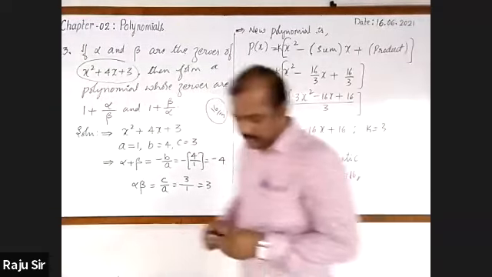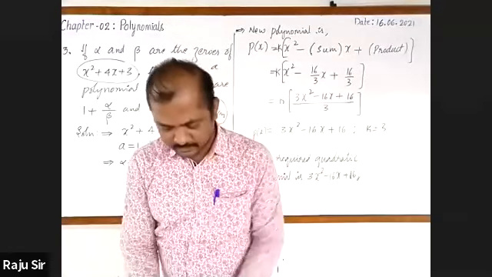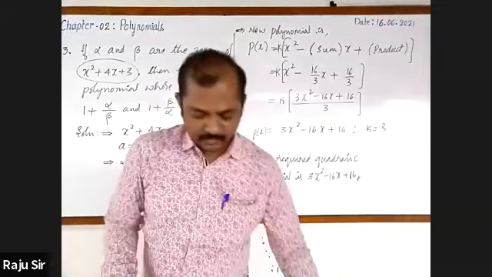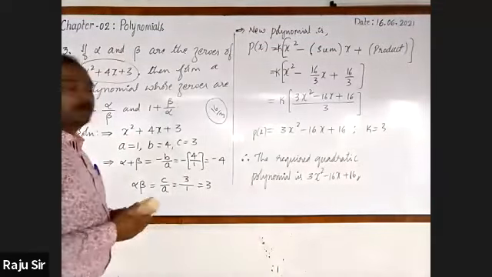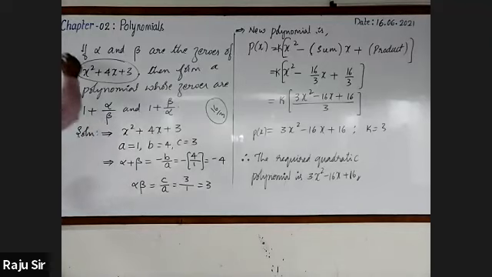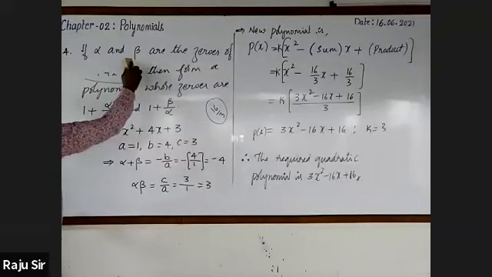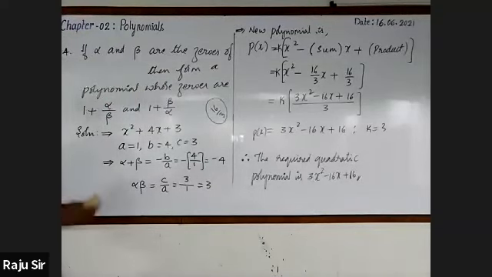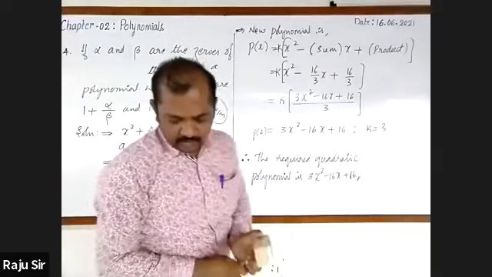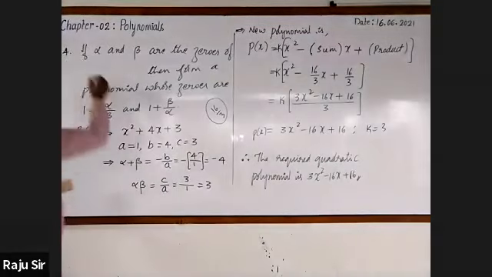Now let me go for taking another one. Same type of problem, the fourth one. Alpha and beta are the zeros of the polynomial 3x square minus 4x plus 1.